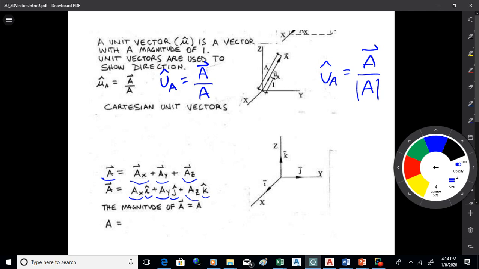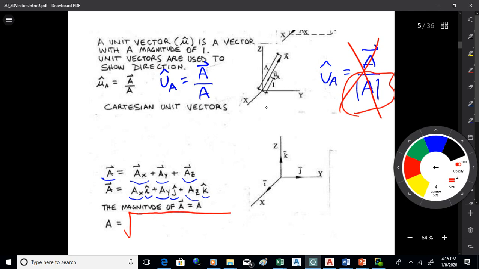All right. Now the magnitude of the vector A is just A. I don't bother with this stuff as they do in math. Well, if you look at an engineering book, they won't do it that way. So if I want the magnitude of the vector A, I can do the theorem of Pythagoras in 3 dimensions.